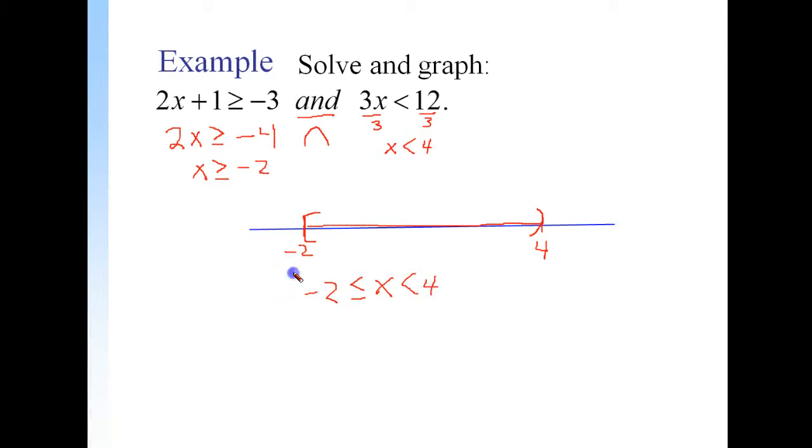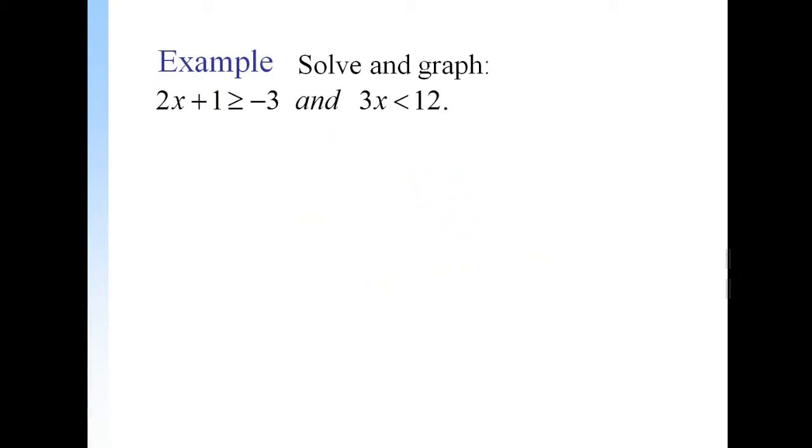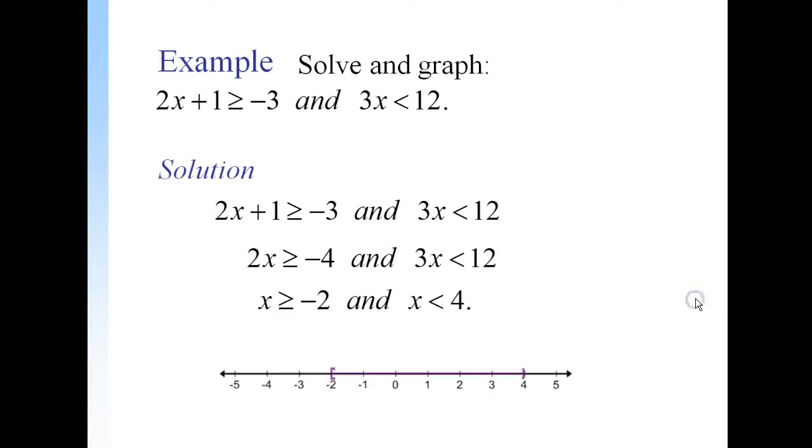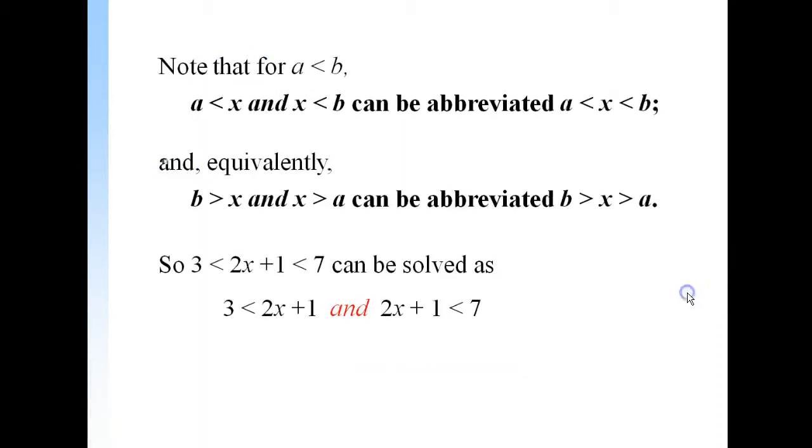And to put that in set builder notation, we would just put our x there. And this is read x is such that, and then you would read this. In interval notation, once again, it would be from negative 2, comma 4, and on the 4 we have a parenthesis. So there they are solving it. There is the graph.